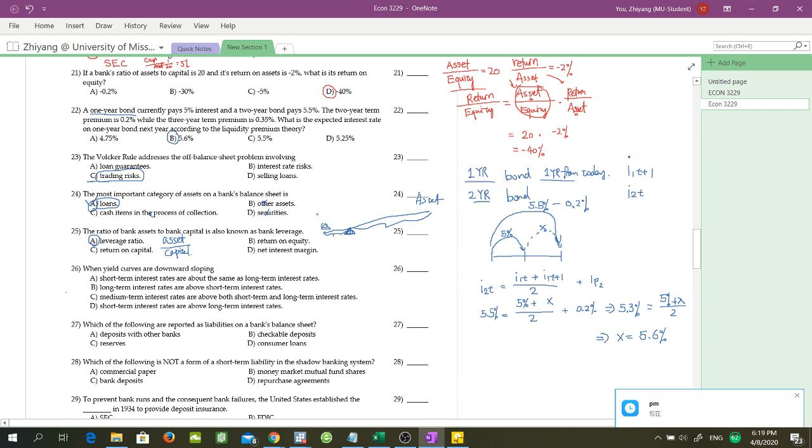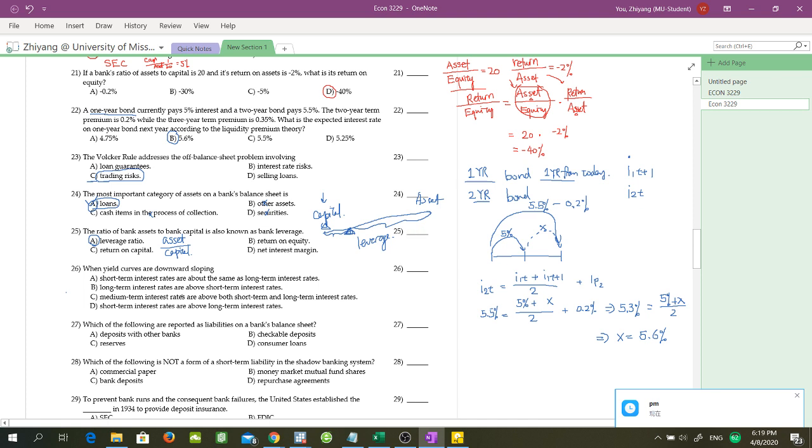On the left hand side is the capital, and we call this leverage. When the leverage is higher, you don't have to put as much capital in this bank to operate the huge asset over there. So you rely more on liability, which is most likely to be deposits and other stuff.